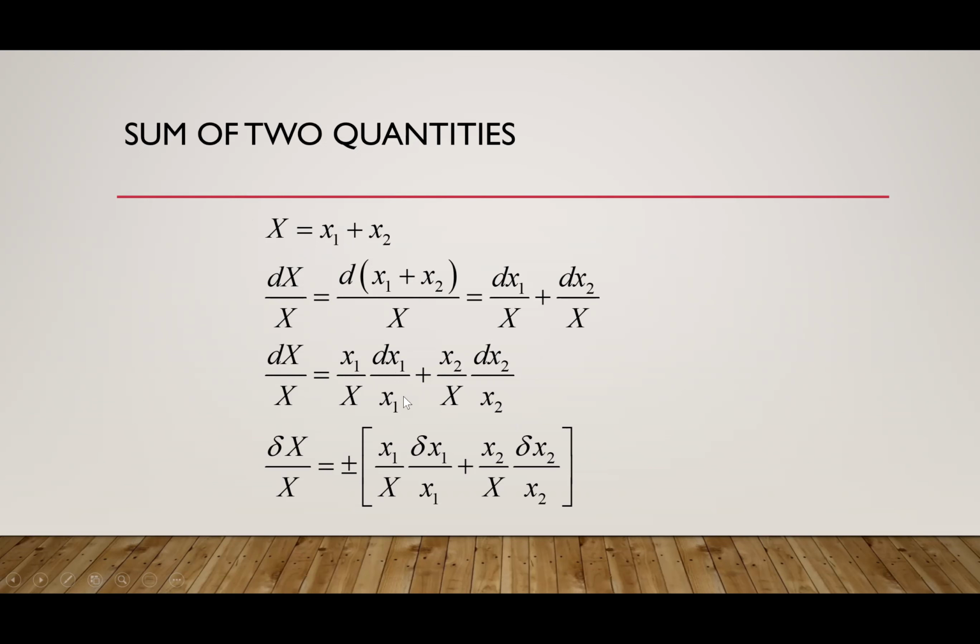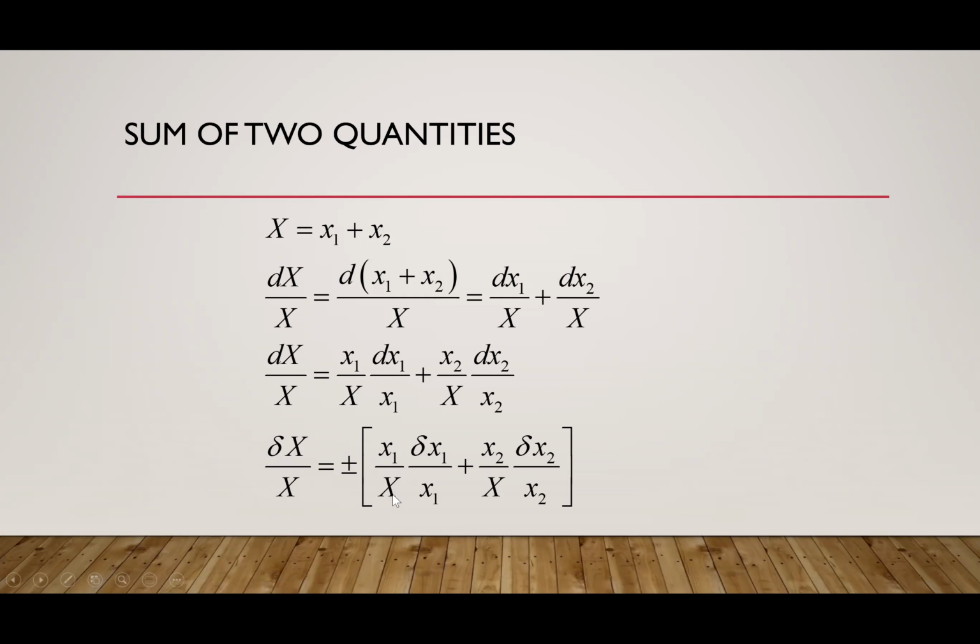So if I know these quantities, I can calculate the relative limiting error of the final value x, that is plus minus x1 upon x into delta x1 upon x1 plus x2 upon x multiplied by delta x2 upon x2.